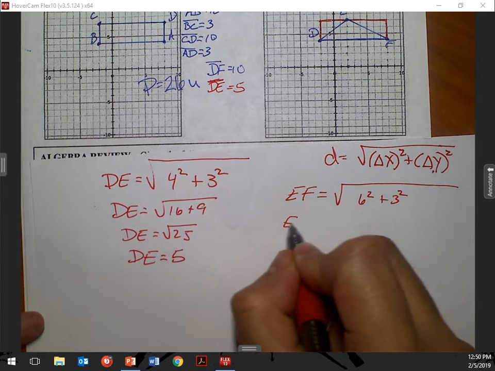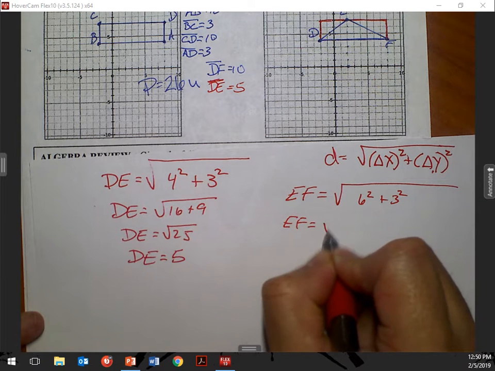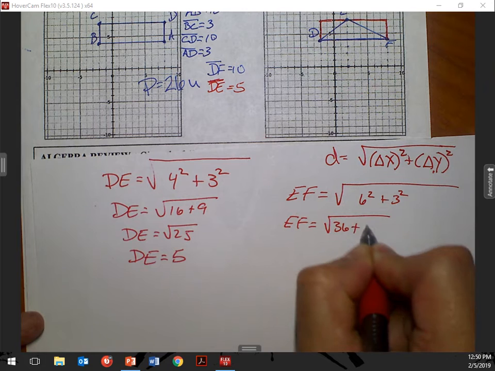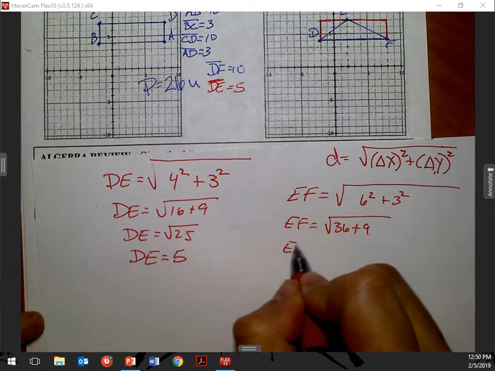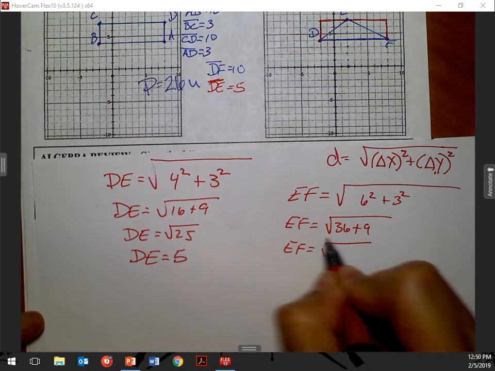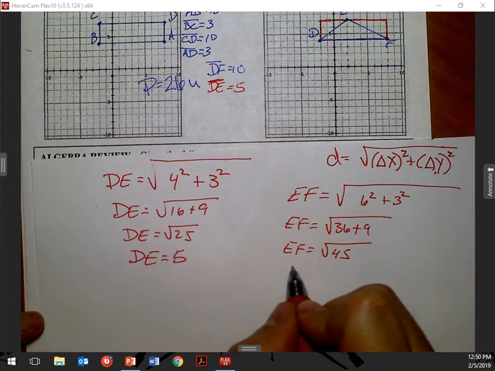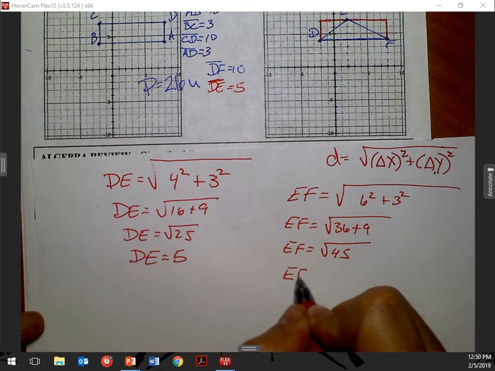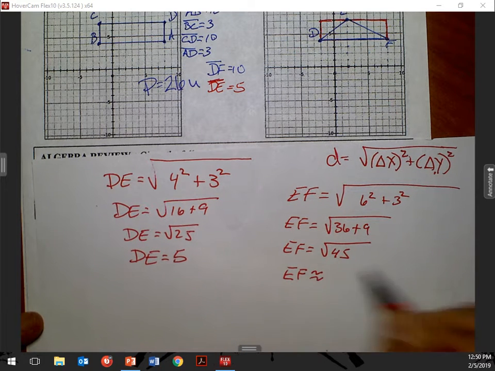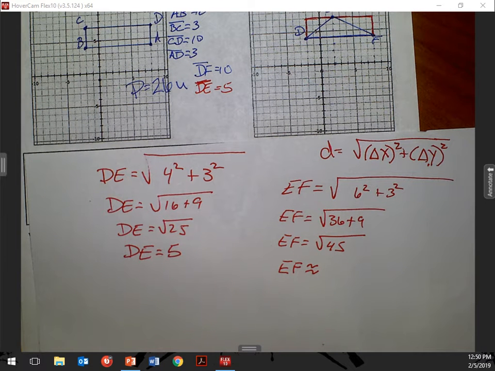So EF is equal to the square root of 36 plus 9. EF equals square root of 45. I know 45 is not a perfect square, so I'm going to put that in the calculator. Let's see what we get. Square root of 45.